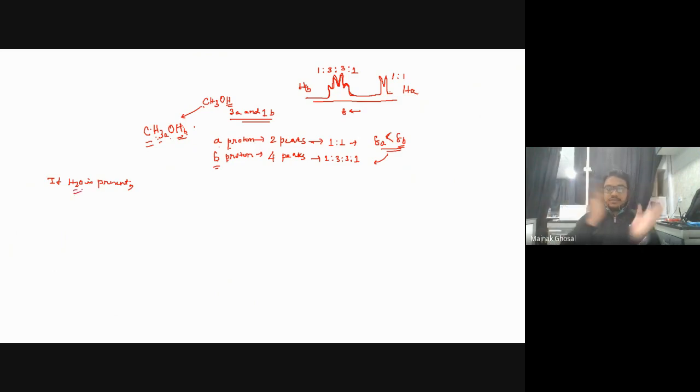Since it will exchange protons continuously at a dynamic rate, the four peaks of B will not be resolved. Okay, what does that mean? You cannot see these four indistinguishable peaks if water is present because it will continuously exchange your proton.